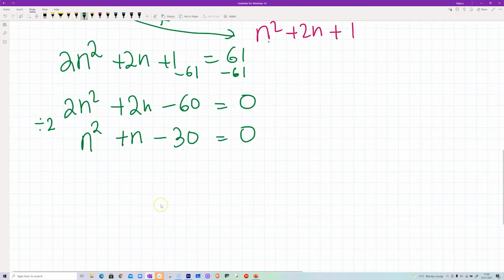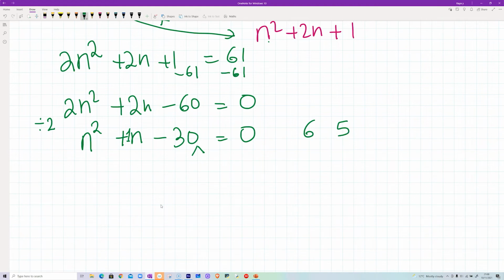Now then, I can solve this easily. The number here is 1. Find two numbers that multiply to make 30 and subtract or add to get plus 1. So I know two numbers that make 30 if you multiply, and the difference between them is 1, is 6 and 5.